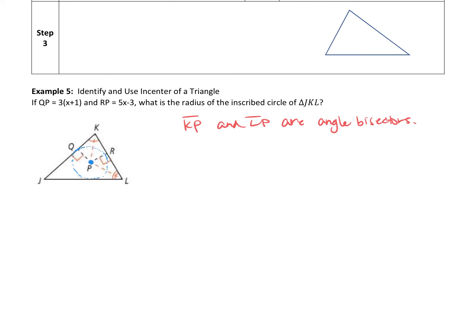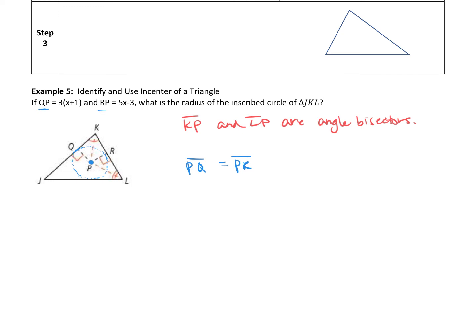Because point P is the incenter, these two segments are going to be congruent to each other. Essentially, they're the radius of the circle, and whatever radius you draw in will always be congruent. So we know that PQ is equal to PR.